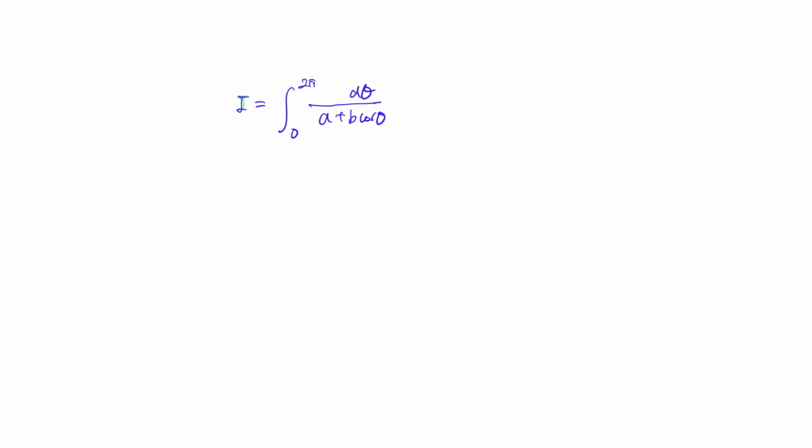Cauchy was trying to transform this into a complex integration. So he said z equals exponential i theta. Then dz equals i exponential i theta d theta, so d theta over dz is 1 over i z.